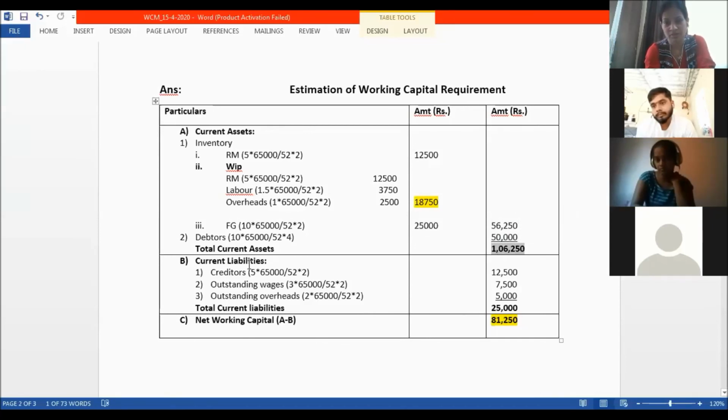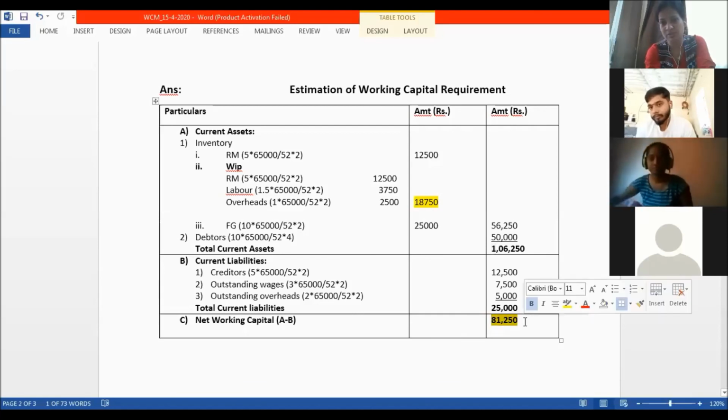But we are minusing current liability from this. The major reason being you are getting some time to make these payments. So these are not immediate payments. You will get 2 weeks time for creditors, 2 weeks time for wages and overheads as well. So at least for 2 weeks, you will not be making this payment. So the amount we are minusing is not immediately payable, or at least for 2 weeks you can wait for making these payments. So the actual amount for today, this much will be sufficient to maintain.